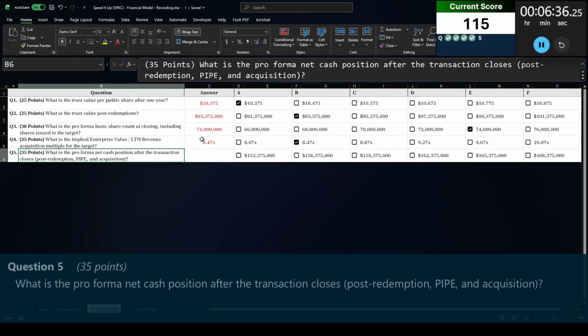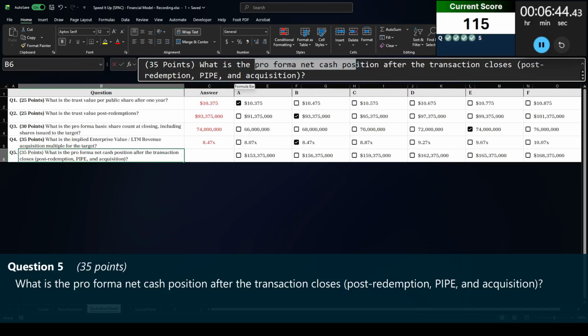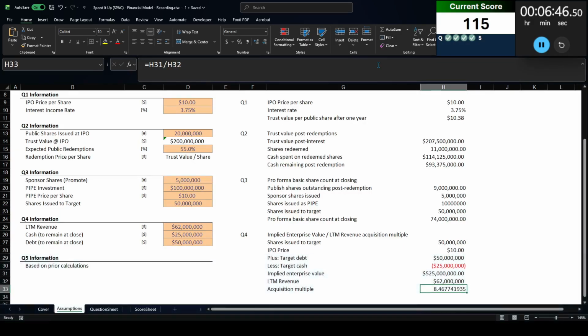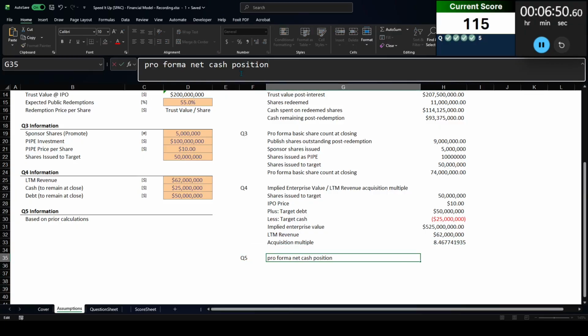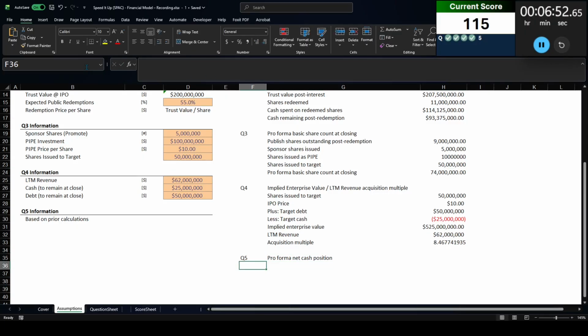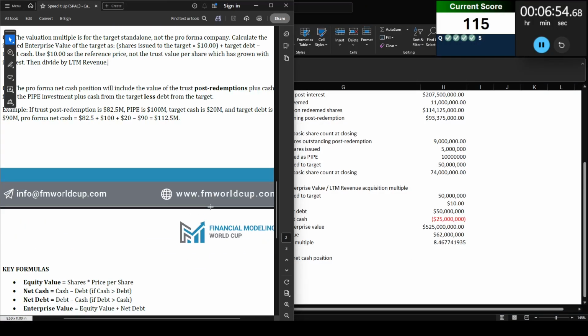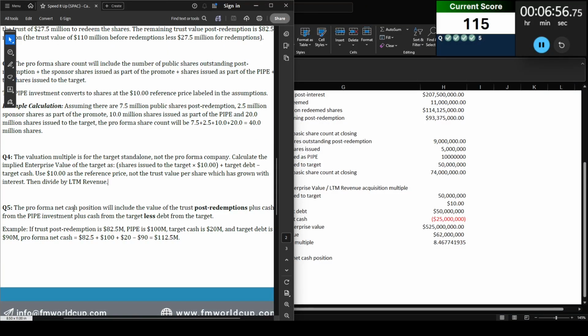And finally, question 5. What is the pro forma net cash position after the transaction closes? All right, so let's see what we have for that. And here we go. The pro forma net cash position will include the value of the trust post redemptions plus cash from the PIPE investment plus cash from the target less debt from the target.